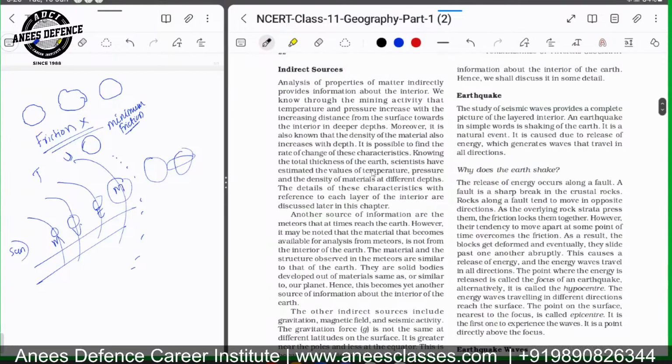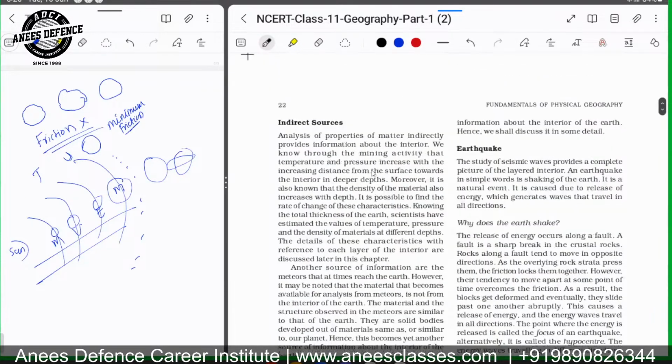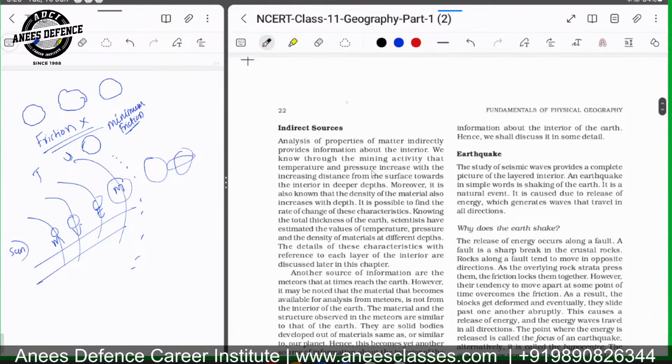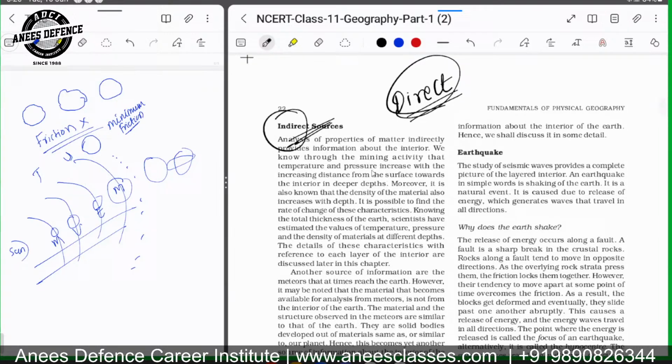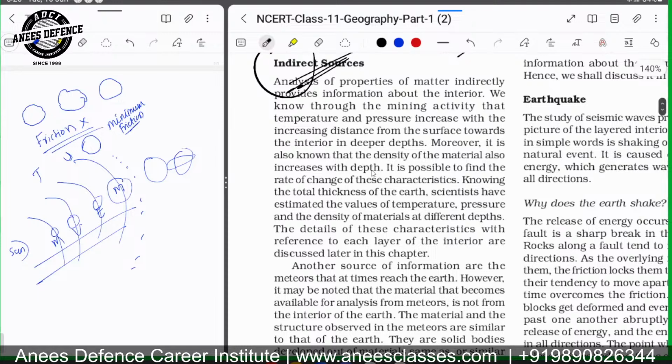I think the NDA can ask what are the indirect sources. Look, there are two types of sources, one is direct, another is indirect. So direct sources and indirect sources can be asked, that what are the indirect sources of knowledge of the interior of the earth. Analysis of the properties of matter indirectly provides information about the interior.